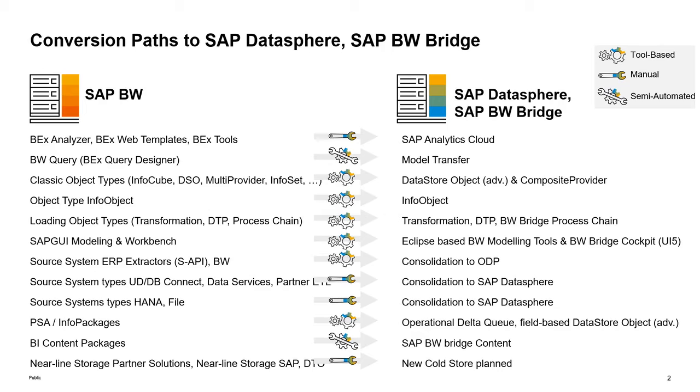And then the bottom line here is about things like nearline storage, the cold tier. There is a new cold store that is in the roadmap. So for that reason, you see this listed as manual. So this is a great summary of the different variations between a current NetWeaver BW and in some cases BW/4HANA to what changes with the SAP BW Bridge.